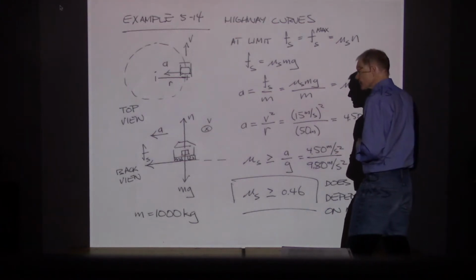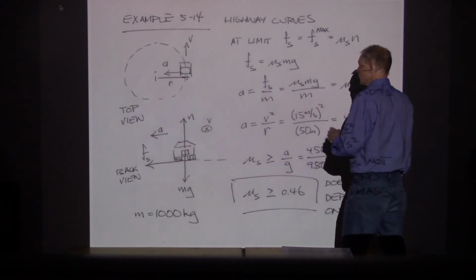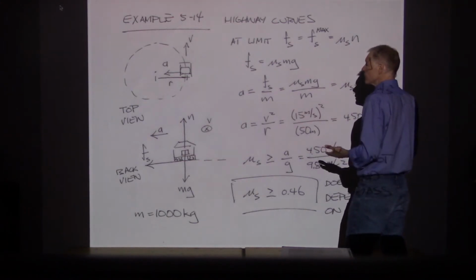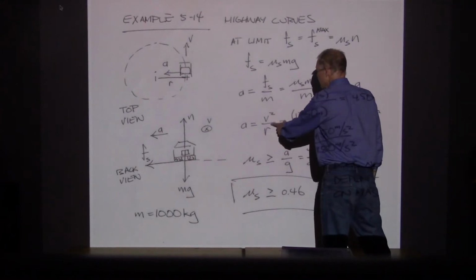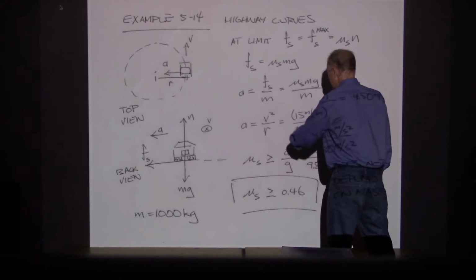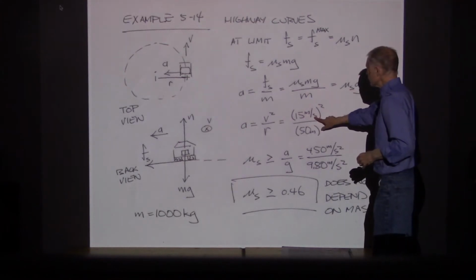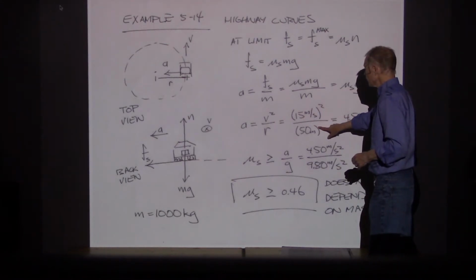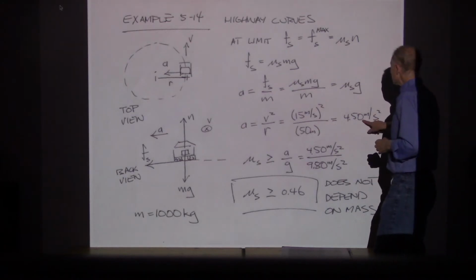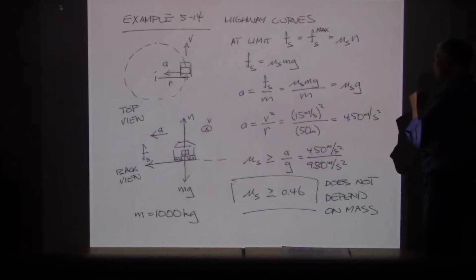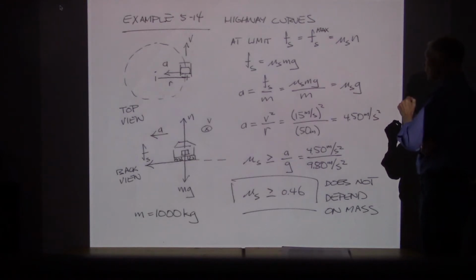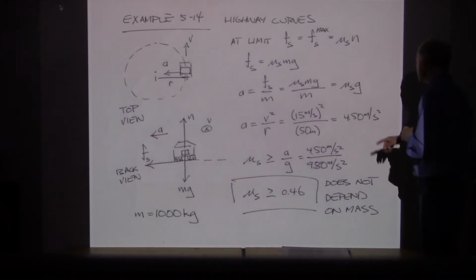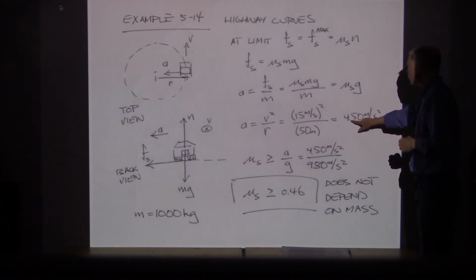So the kinematics says, what is the acceleration of my car? Well, it's v squared over r is how I can calculate it. That's 15 meters per second, squared, divided by 50 meters. That was the radius. It's saying that I'm going to need enough friction to maintain an acceleration of 4.50 meters per second squared.